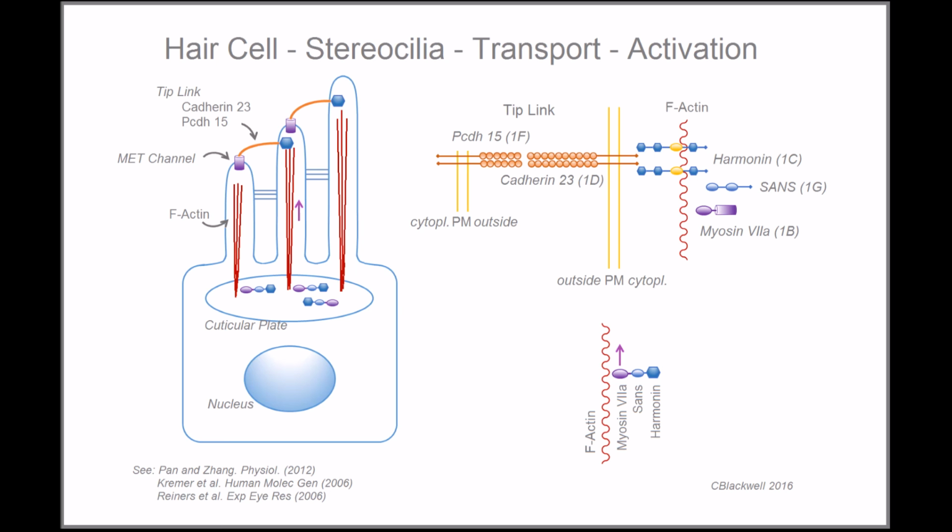Cadherin and protocadherin are cell-to-cell adhesion proteins that form the tip link, the connection between cilia, with the mechanotransduction channels on one end and the harmonin on the other end as the anchor scaffold. The harmonin end also seems to be responsible for maintaining tension in the tip links. Overall, this network of proteins is important in stereocilia formation, its ongoing function, and it plays a role in synaptic transmission.